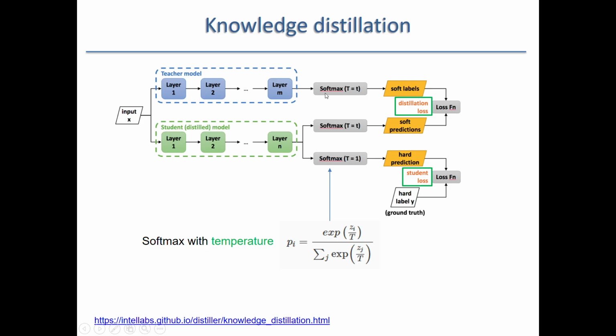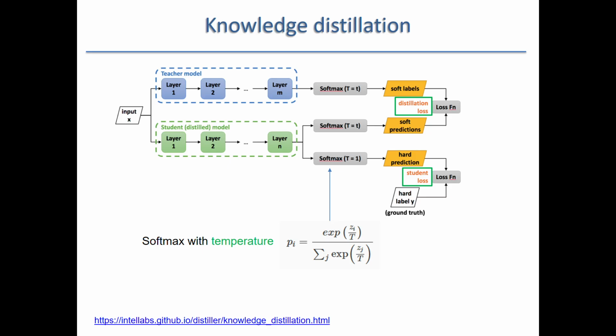This is the softmax expression with temperature. Having a high temperature makes the probabilities of having a particular label more uniform, less peaked.